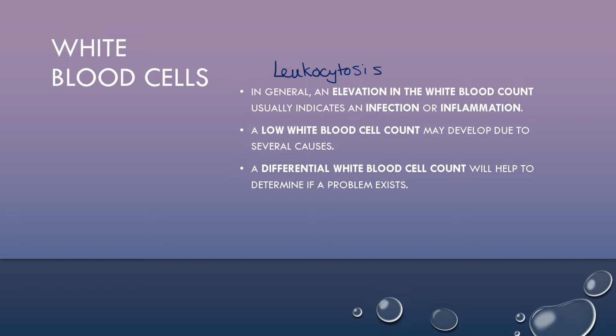An abnormally low level of white blood cells is called leukopenia. This is almost never beneficial, and it may be caused by things like shock or radiation. Even some chemotherapeutic agents can also cause leukopenia.